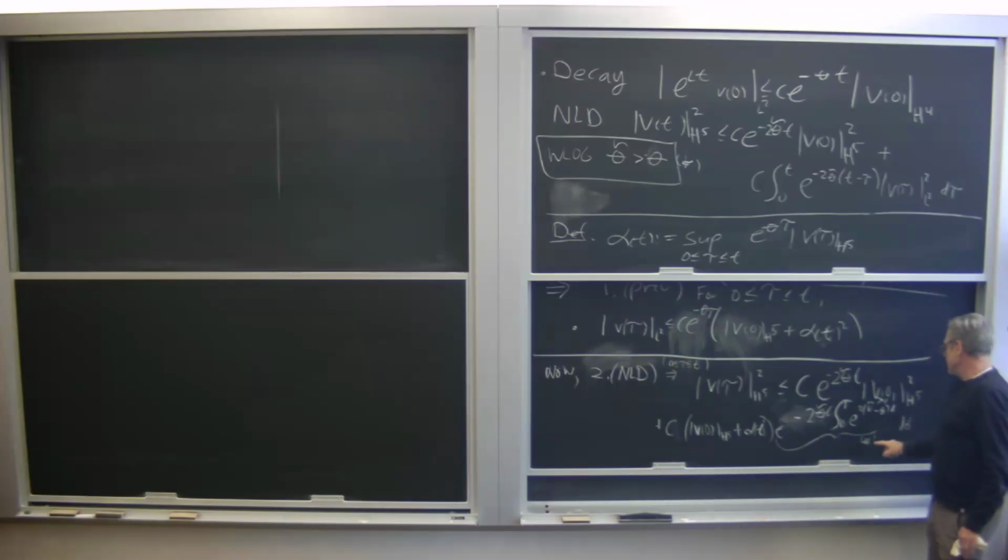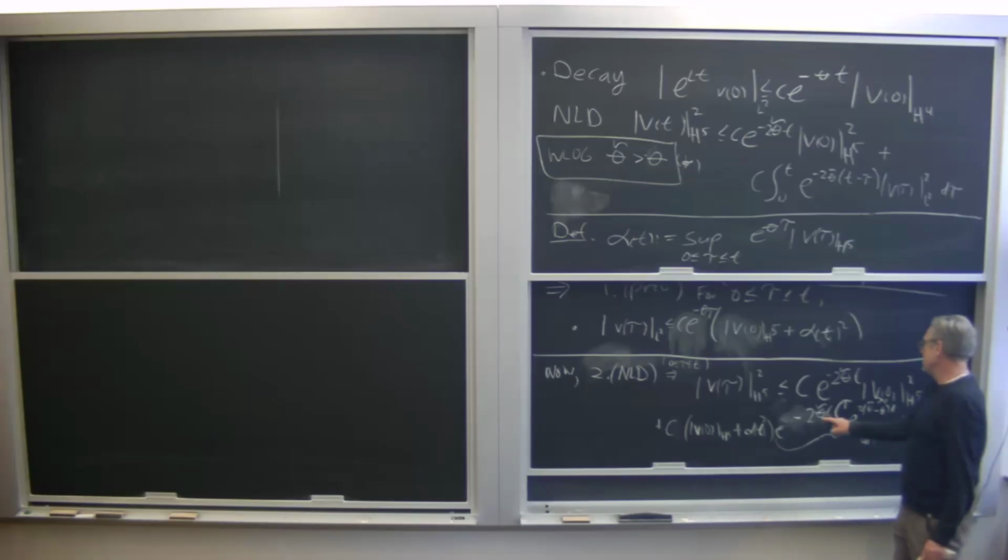Now I look at this. This is just going to be an exponential, it's growing. The main contribution is at tau, and the rest is 1. So it's just e to the 2 theta tilde minus theta tau times a constant, possibly big. It's of order 1 over this difference, but then times e to the minus 2 theta tilde.